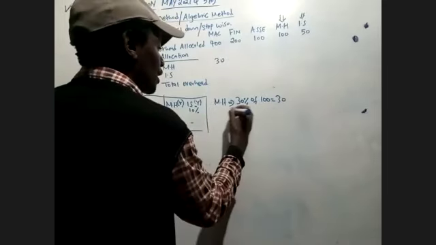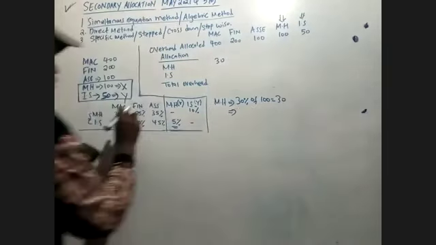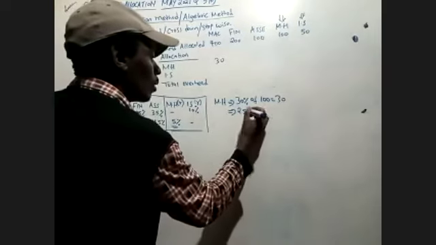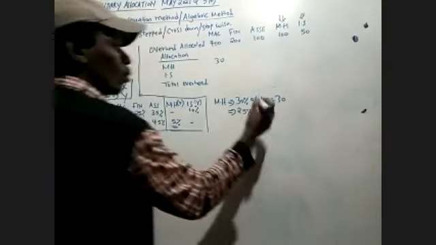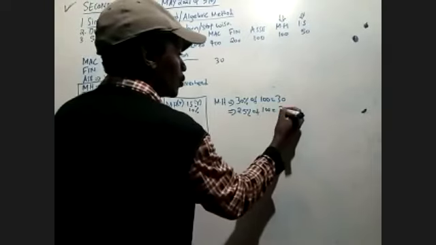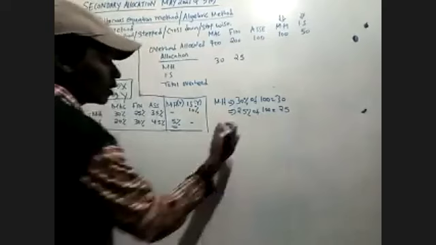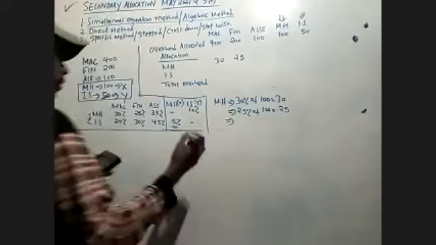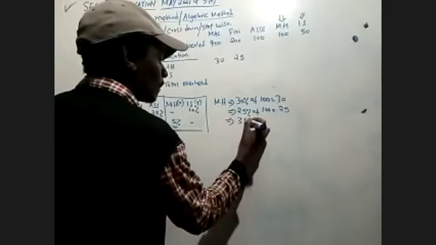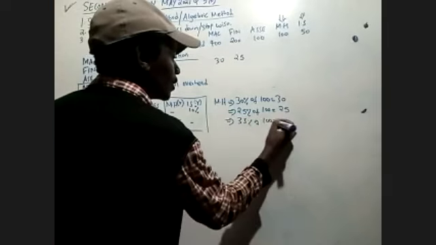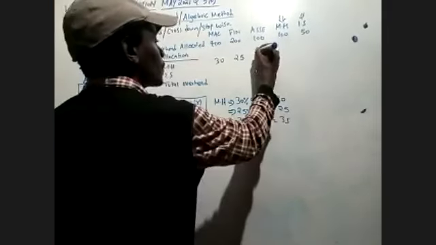Next uko na 25% of 100, which is 25. Then ya mwisho 35% of 100, which is 35.